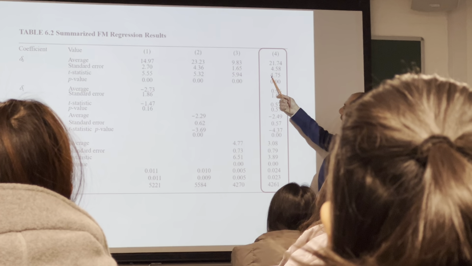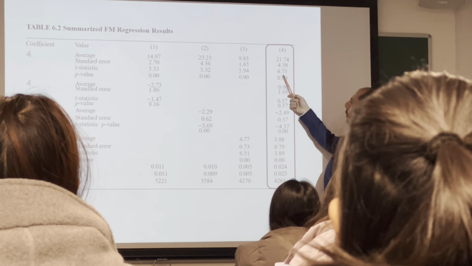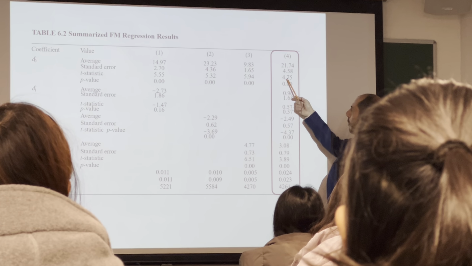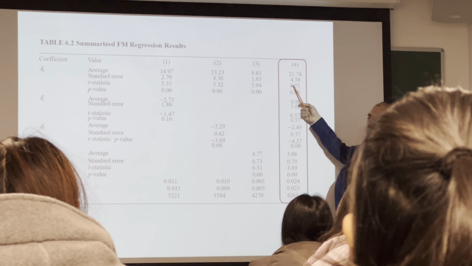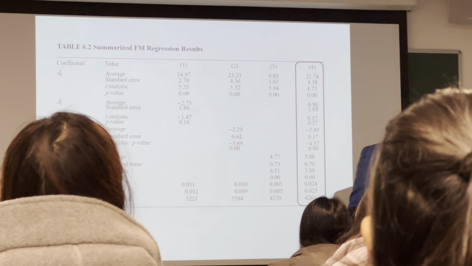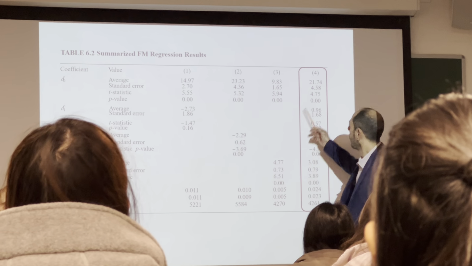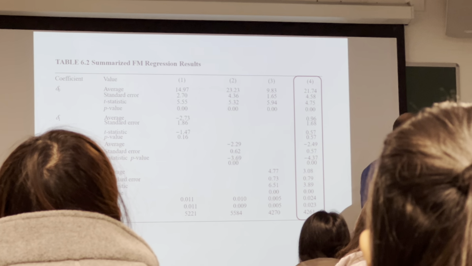For example, anything more than 4 has a p-value of 0. So I want to know if it is 4, 10, or 100, right? This is why I prefer the t-statistic more than the p-value, but it's up to you, anyone can use any of these.